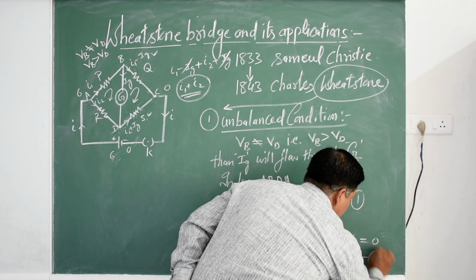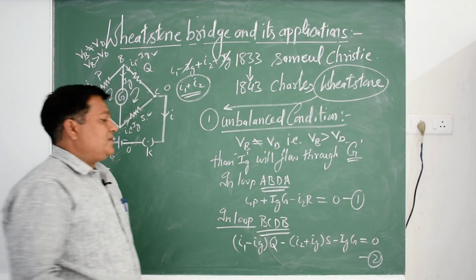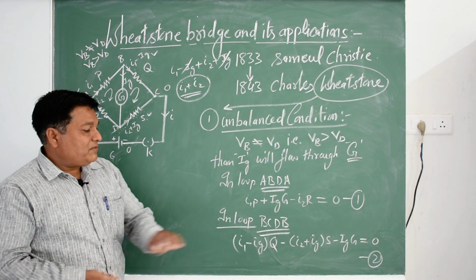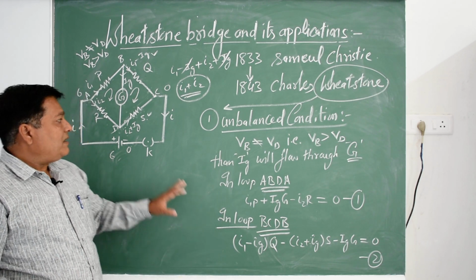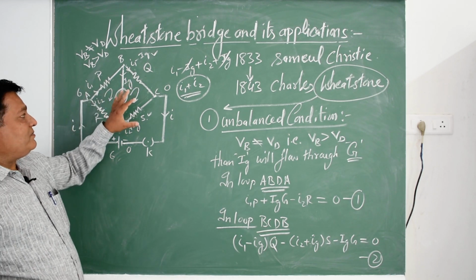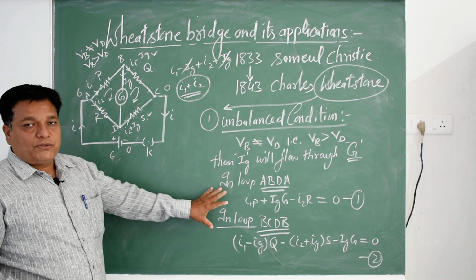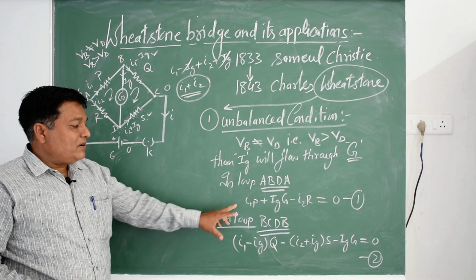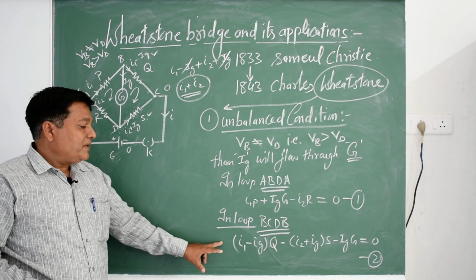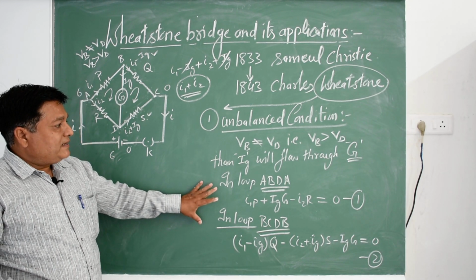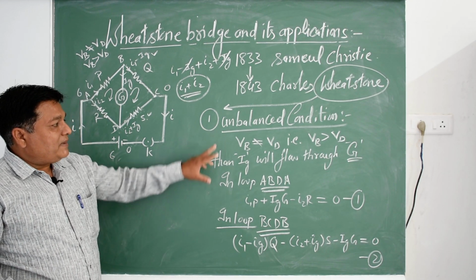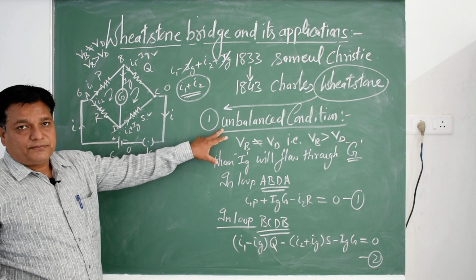This is the second equation. By solving both equations we can get the appropriate current, resistance and voltage in this circuit. These are the two loops we have taken, and we have got two equations by the unbalanced condition.